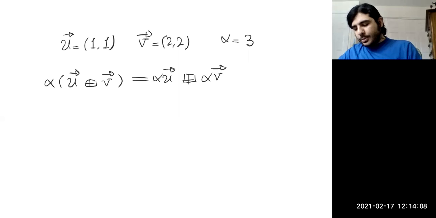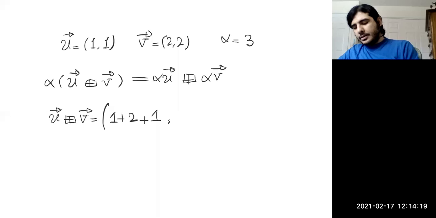Okay, what is u plus v? u plus v is going to be (1 plus 2, 1 plus 2), which is (3, 3), plus 1, which is (4, 4).